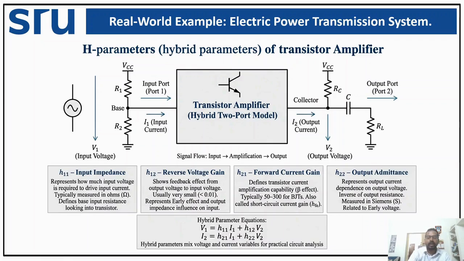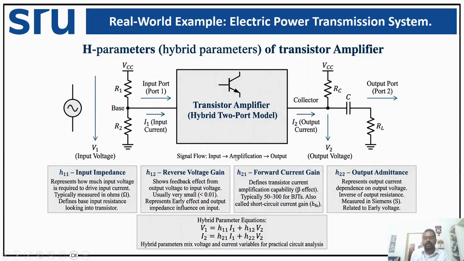The hybrid equation is a mix of voltage and current variables. That is the reason we call these parameters hybrid parameters. They combine the input voltage dependence, the output voltage dependence, the current gain behavior and the loading effect. This makes them extremely practical for circuit engineers.